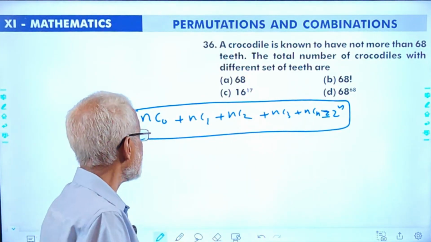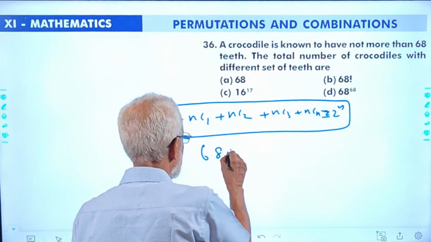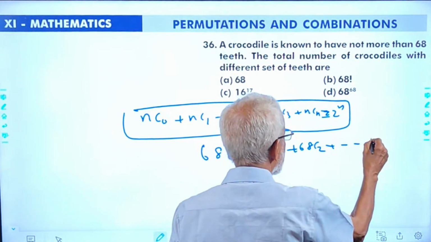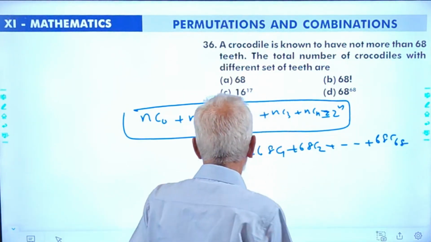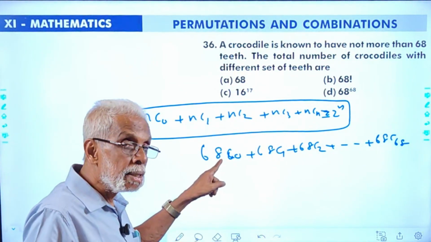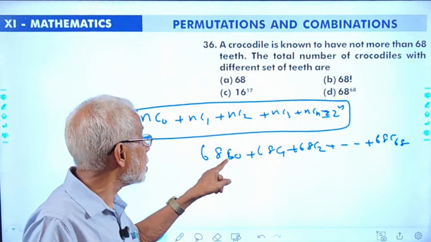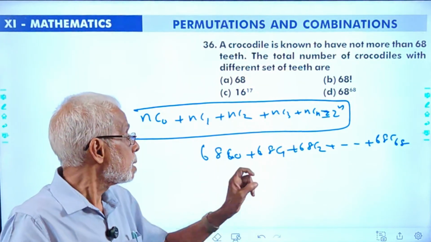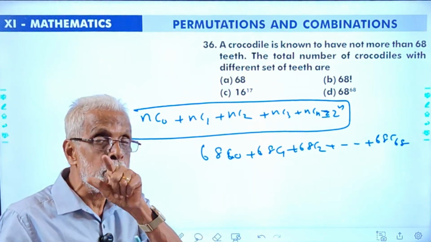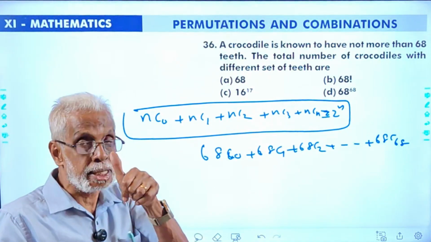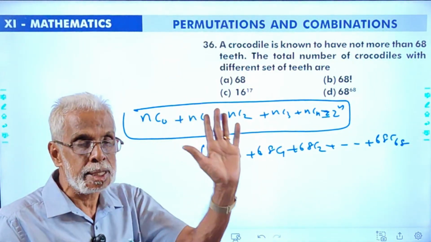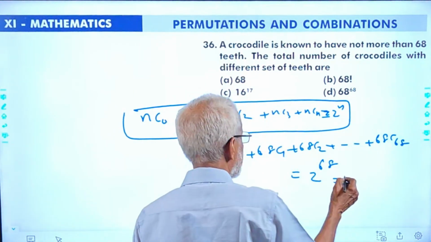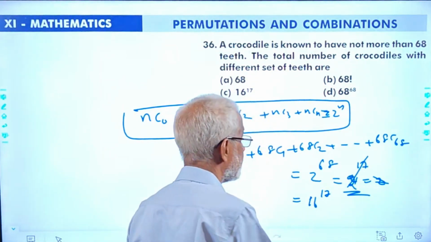About total number of ways: 68C0 plus 68C1 plus 68C2 plus etc. up to 68C68. 68C0 represents the number of crocodiles which have no teeth. 68C1 shows the number of crocodiles with 1 tooth, 68C2 the number of crocodiles with 2 teeth, etc., and 68C68 the number of crocodiles with all 68 teeth. According to this formula, this is equal to 2 raised to 68. 2 raised to 68 is 16 raised to 17, correct.